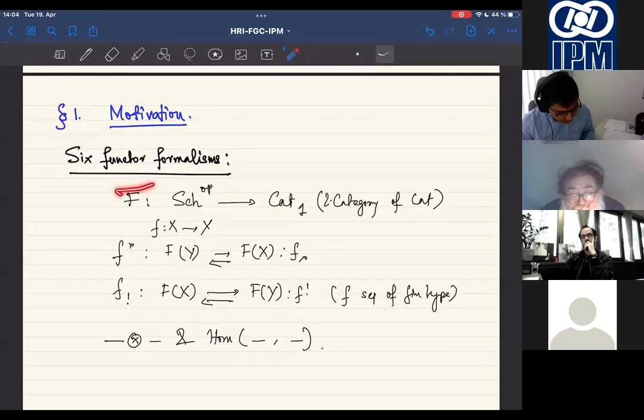At first you consider a functor F from some nice category of schemes to the 2-category of all categories, such that it sends any X to some F(X). Then there are two functors here: one is the pullback functor, upper star, and we have the lower star, the pushforward functor, for a morphism of schemes.